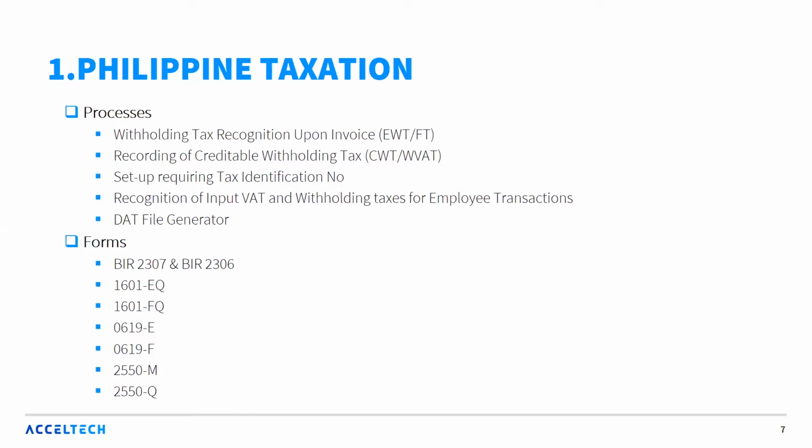Because tax identification in Acumatica's customer and vendor profile is not mandatory, the user usually forgot to encode it upon creation of the vendor or customer profile. So it is only upon the filing period and generation of the tax report that they might find out that they forgot to encode the tax identification number of the customer or vendor.